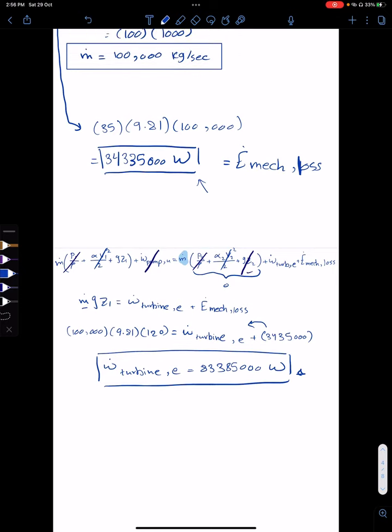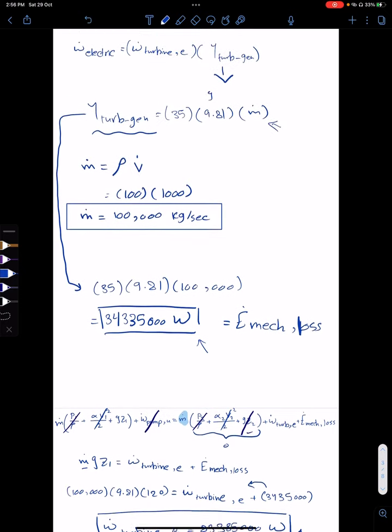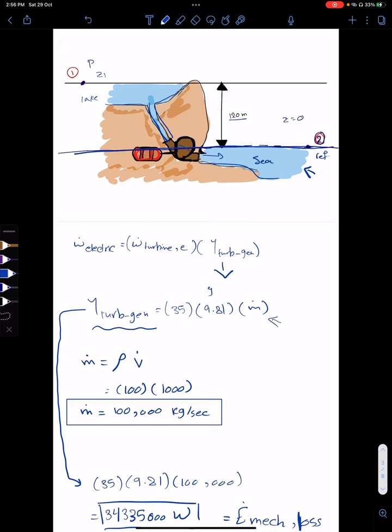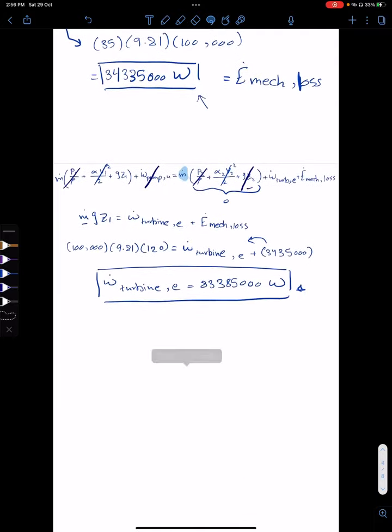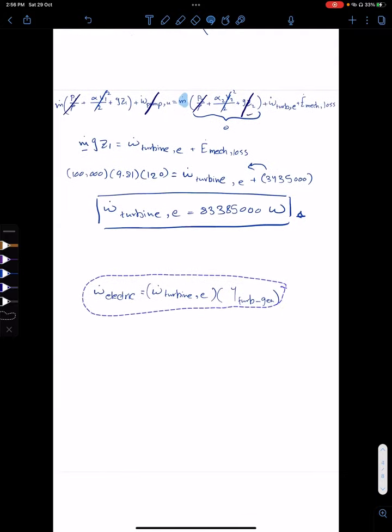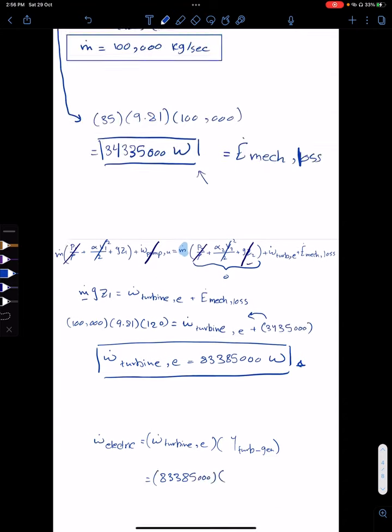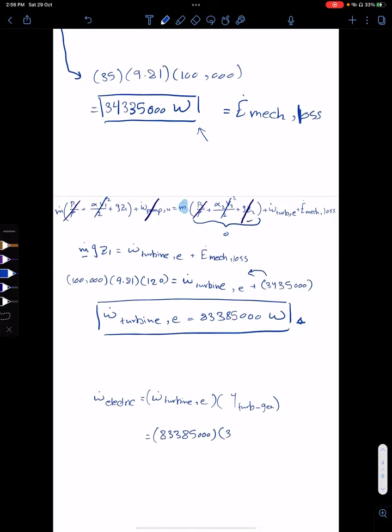Okay, now that we got W dot turbine, we can go back to this, and we can say 83,385,000 multiplied by the efficiency, which was 0.8.